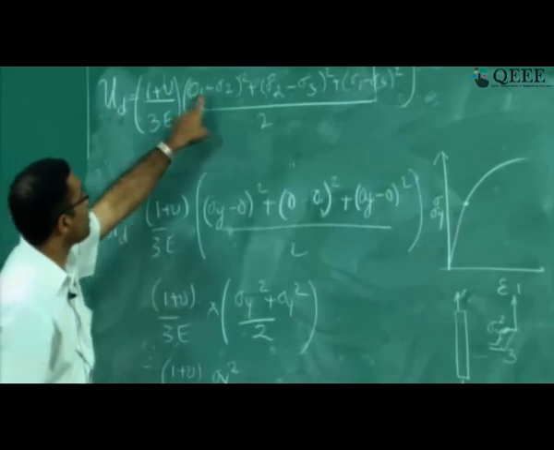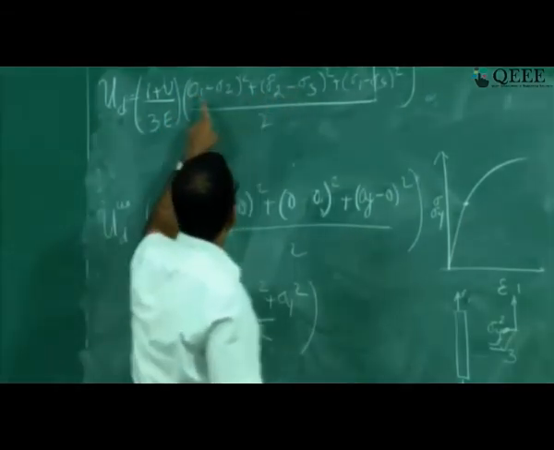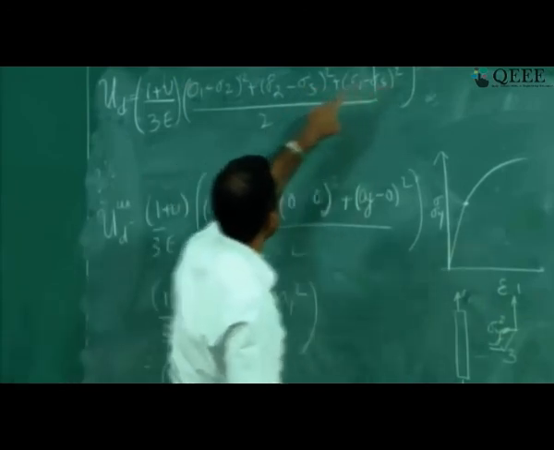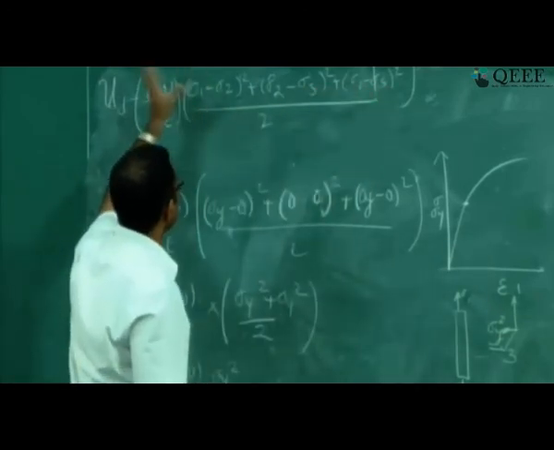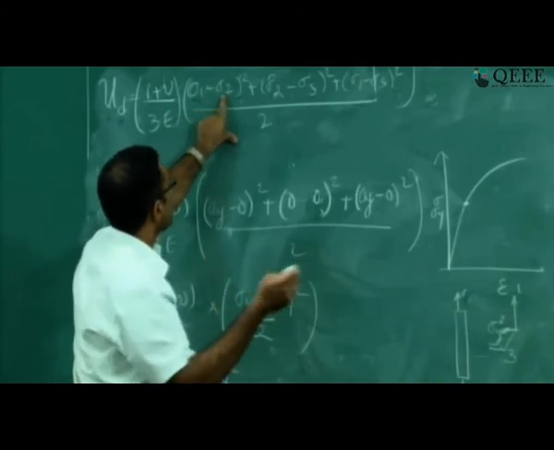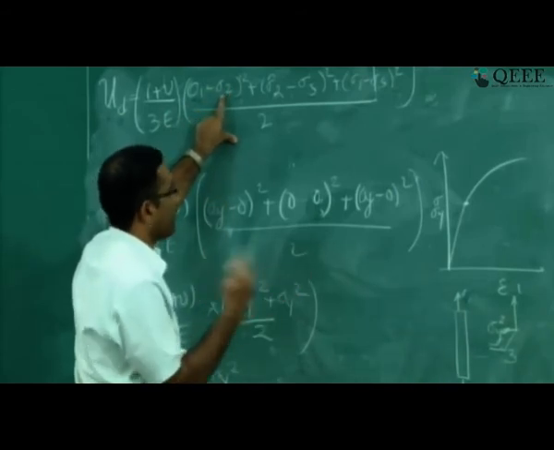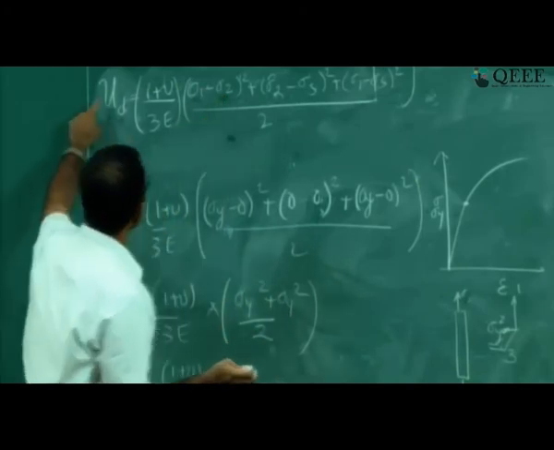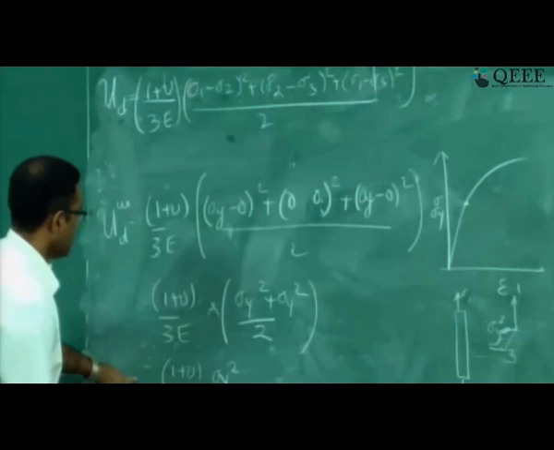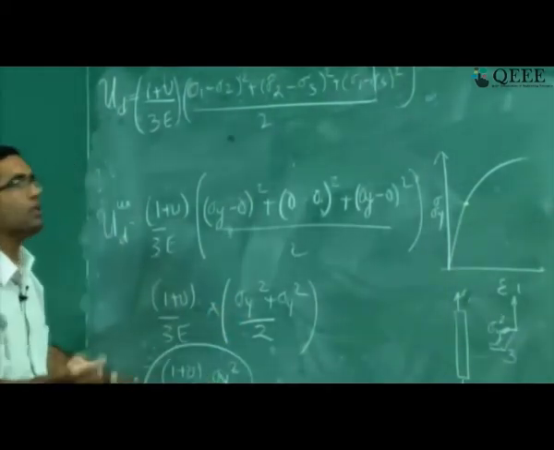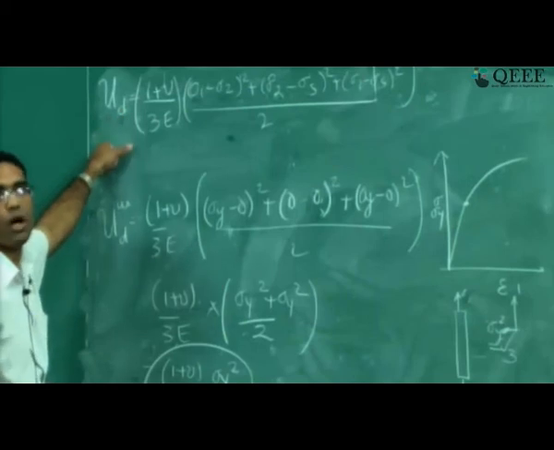So this is a clear number, you know what this number is. Here everything is unknown, it's all a function of geometry and loading. Of course, if you know the geometry and the loading, you will find these numbers, but you don't know whether this particular point has failed or not. To find out, you equate this to this. This is a number obtained from experiments for the same material that is subject to arbitrary loading.